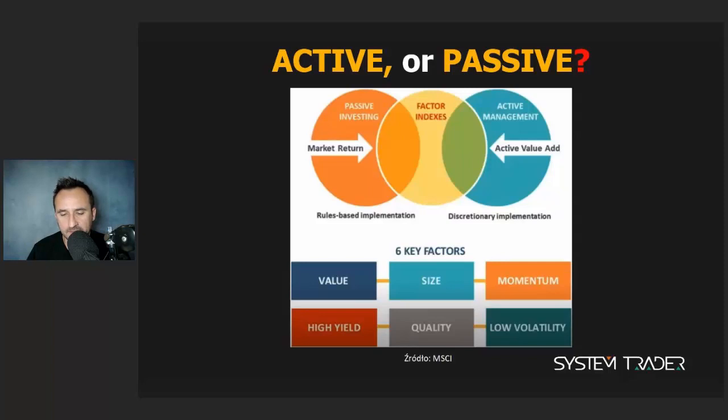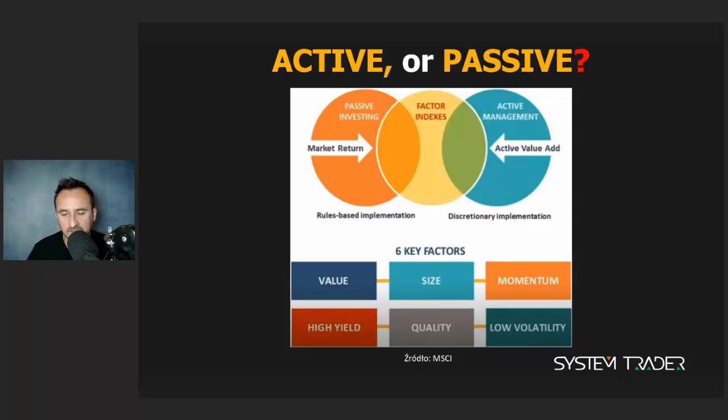In fact, they are not really passive, because now we can have a different set of features telling us what stocks we should have in the index. And it's not only capitalization.